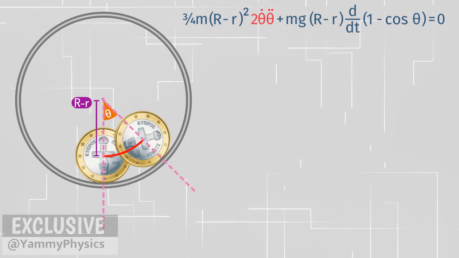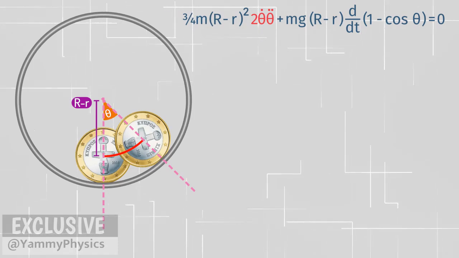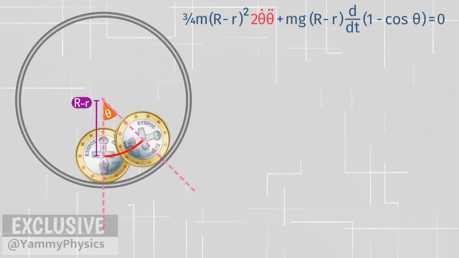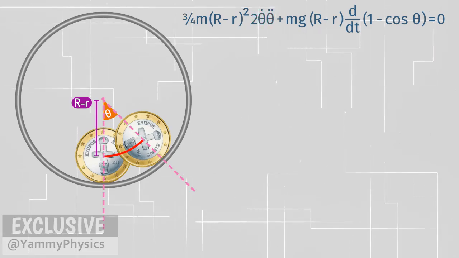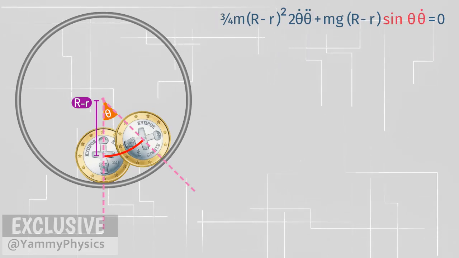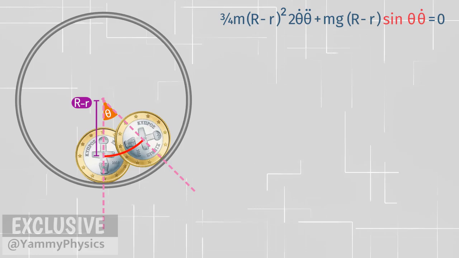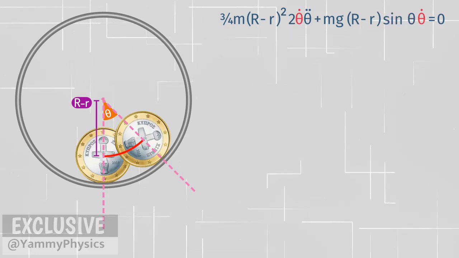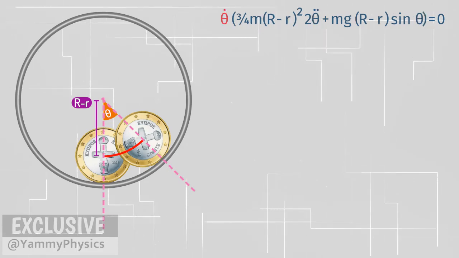That value is obtained from the chain rule. I suggest you study the chain rule in differentiation. The differential of 1 minus cosine theta is sine theta, theta dot. These two terms share the factor theta dot, so we can factor that out.